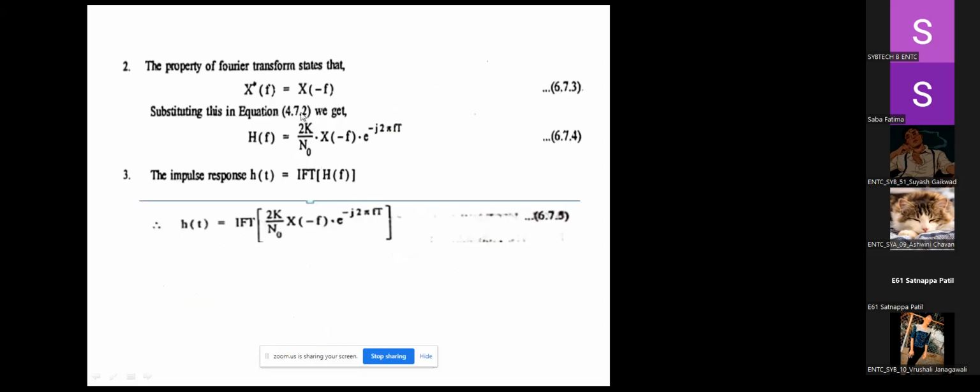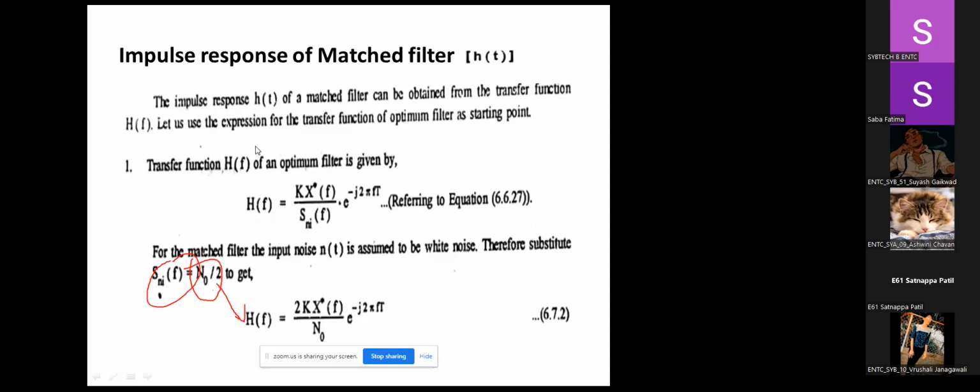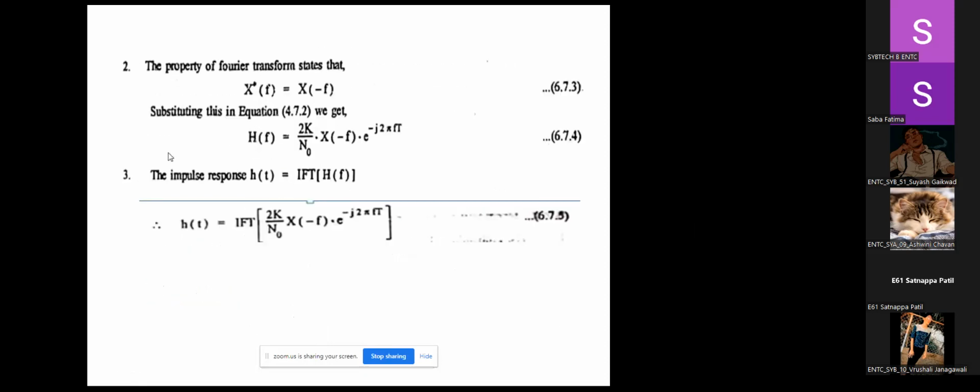So when I do that, I get the transfer function H(f) as 2k by N0, and X conjugate is replaced by X of minus f, e raised to minus j 2 pi ft.